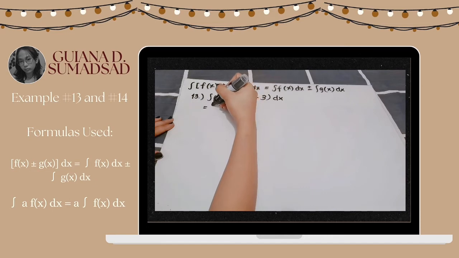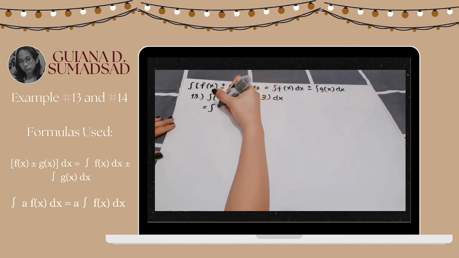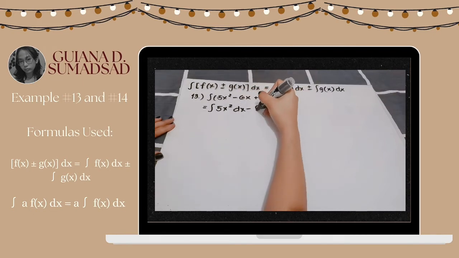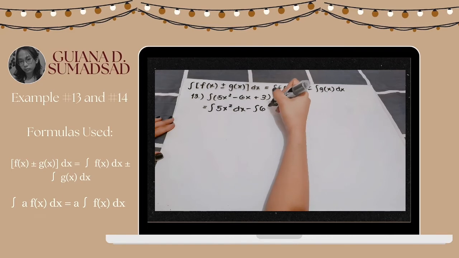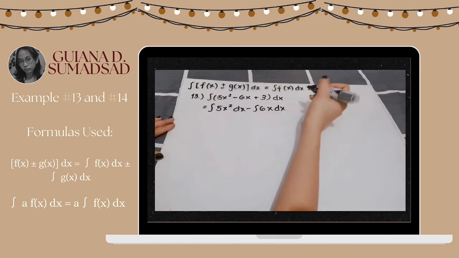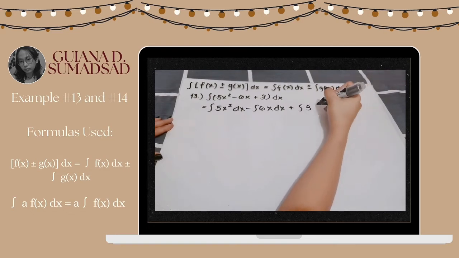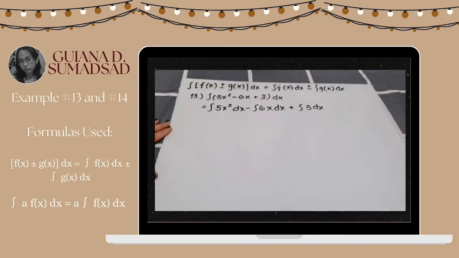It would be integral of 5x squared dx minus integral of 6x dx plus integral of 3 dx. Next, we will bring out the constants from the integral.